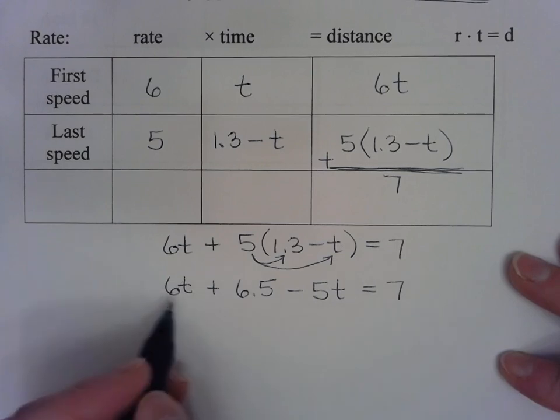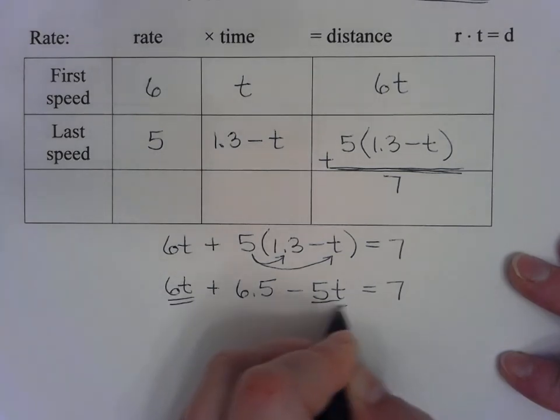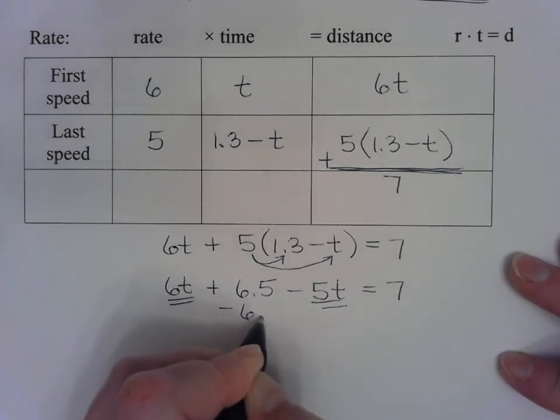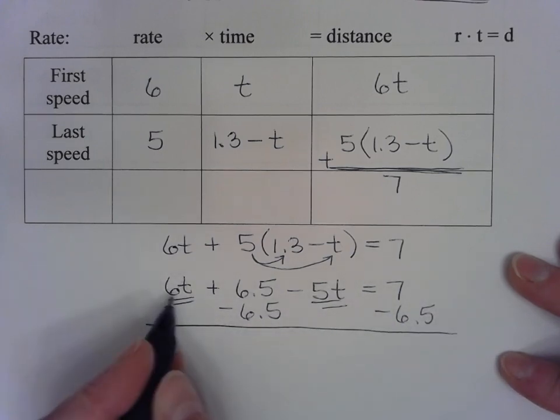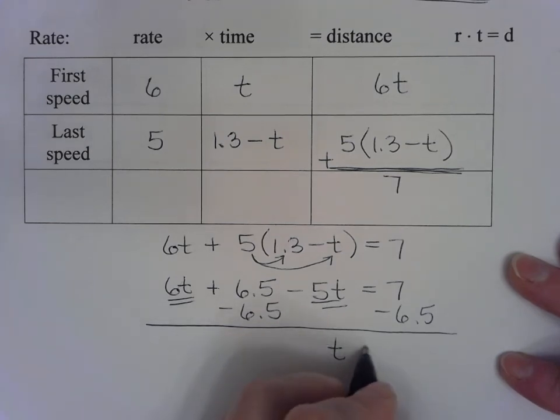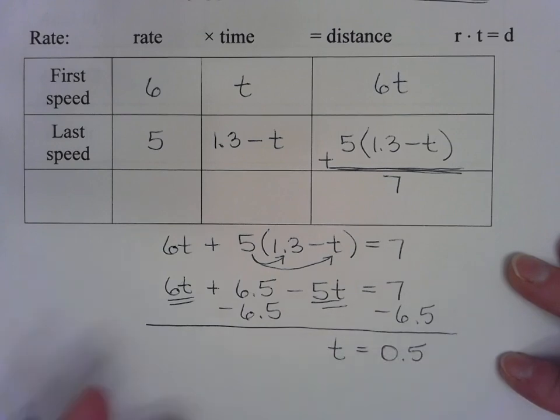Okay, so we'll get our t's together. Maybe at the same time, we'll subtract 6.5. 6t minus 5t is just t. So it looks like t is 0.5.